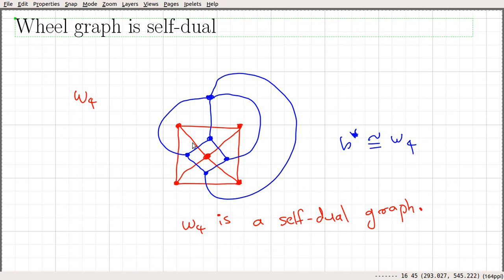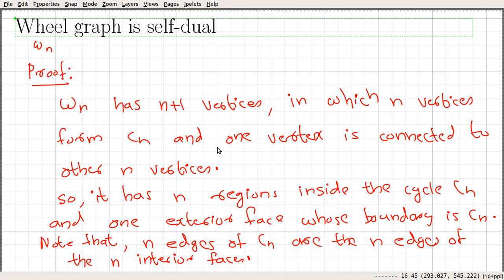So we can see that very easily in this figure.